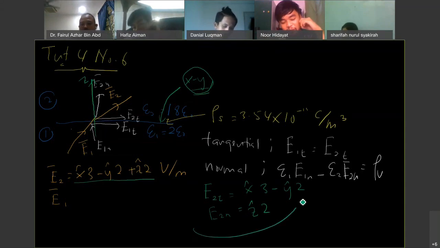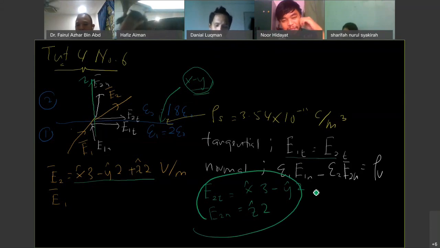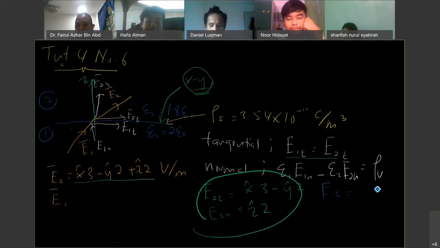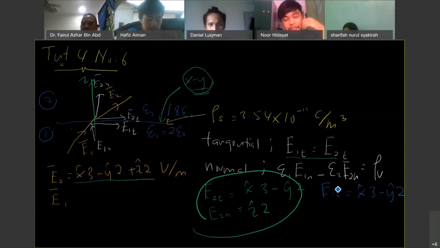So by looking into the expression, we will have E1t also equal to x cap 3 minus y cap 2. Okay. So in order to find the z component for the E1 vector, we need to use this expression.